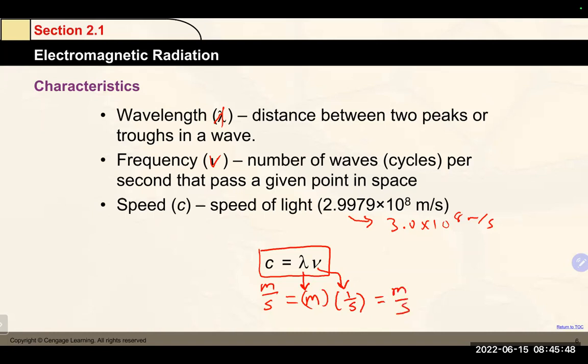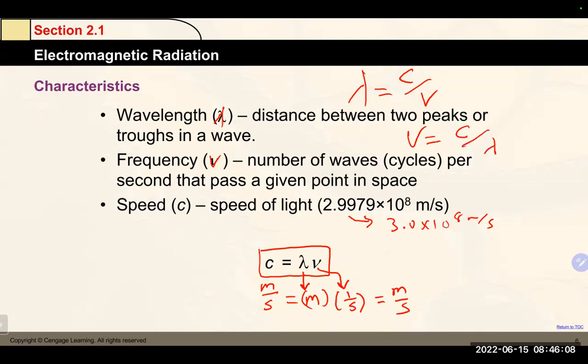So those are typically the ones we need. If we need to rearrange this and solve for the wavelength, it would equal the speed of light divided by the frequency. If we want to solve for the frequency, it would be the speed of light divided by the wavelength.